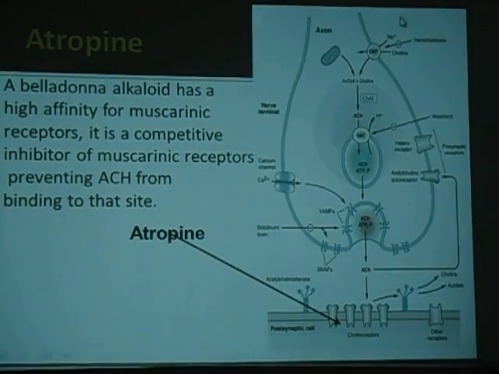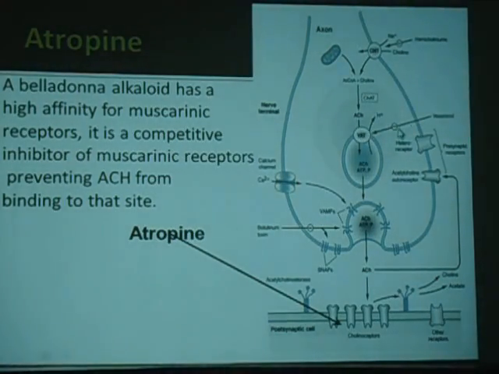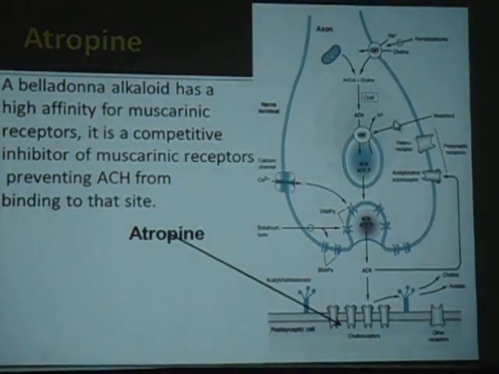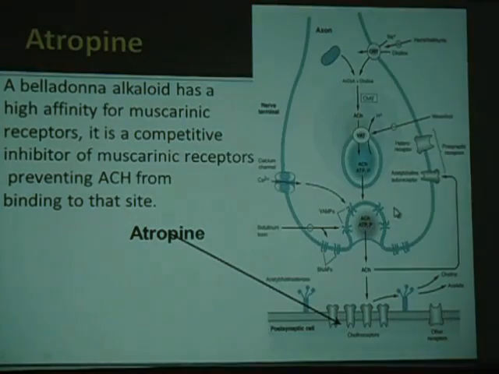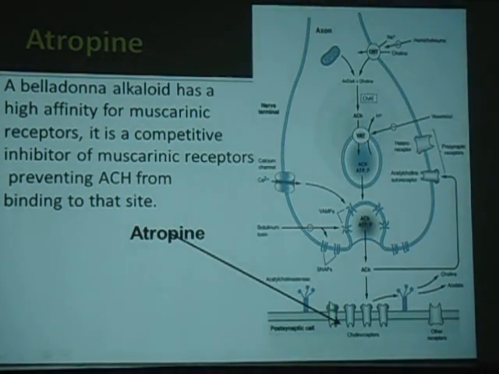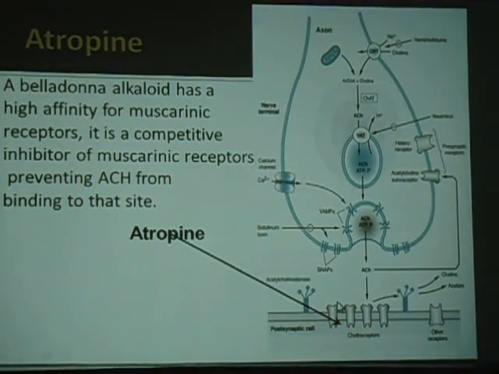Then vesicular incorporation is inhibited. The drug is vesamicol. And one more drug is there which can prevent the release of acetylcholine from the nerve endings, that is botulinum toxin.